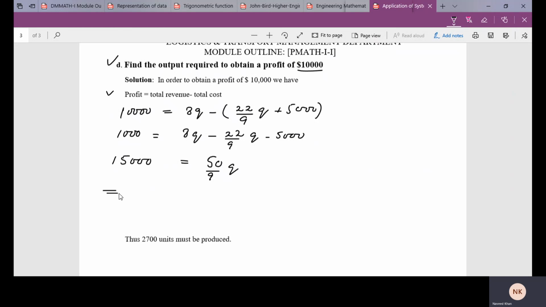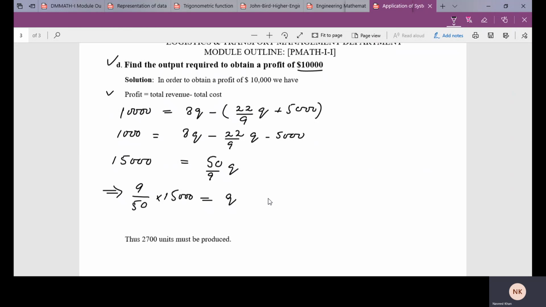So after simplification, this is Q, 15,000, and this is 50 by 9. When it moves to the other side, it becomes 9 by 50.